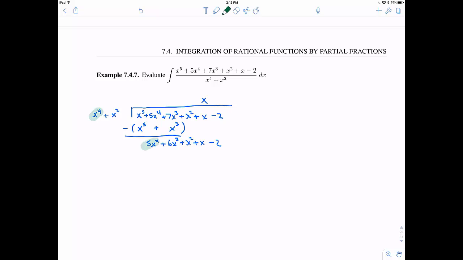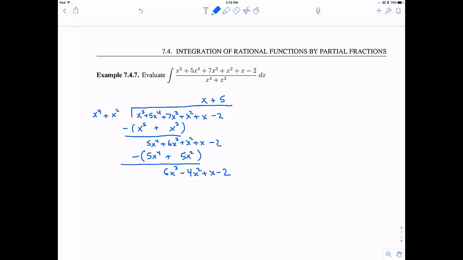Okay, now I ask myself, what do I multiply by x to the 4th to get 5x to the 4th? Well, that's 5. So let's add 5 here. 5x to the 4th plus 5x squared. Remember, I line these all up and I get ready for subtraction. So remember, we need to subtract away all of it, just like in the good old days of long division. So 6x cubed, and this is going to be negative 4x squared, because I'm subtracting my 5, and the rest stays the same.